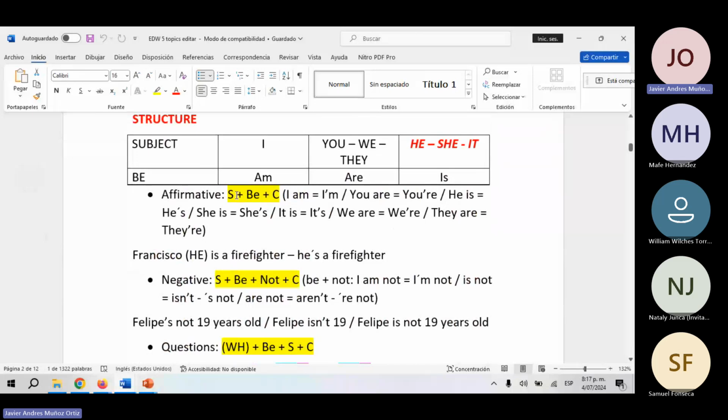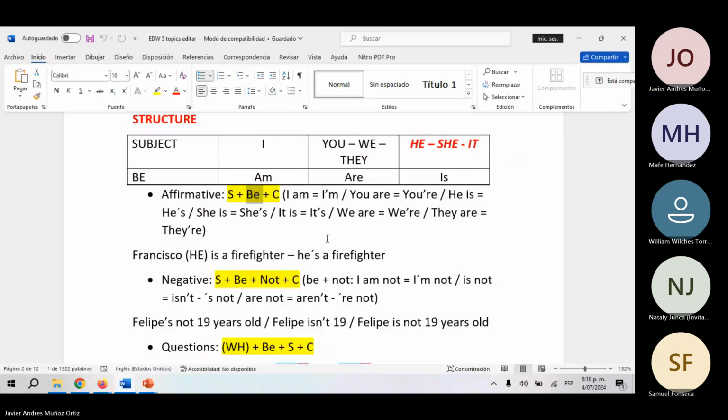Even the structure is the same because we need a person that performs an action. For example, Mariana is sad. Mariana está triste. Marcos is engaged. Marcos está comprometido. We are family. Nosotros somos familia. I remember the roots. I don't know why. And so on.